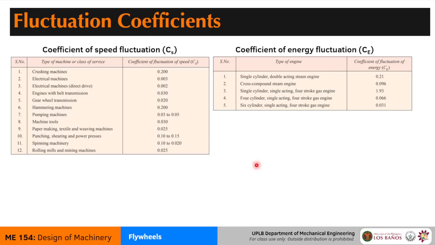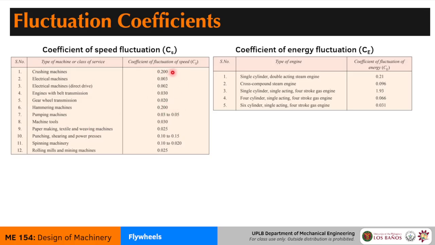So here are some coefficients of speed fluctuation, and this is a coefficient of energy fluctuation. This is different. We will ignore this for the semester, but here we are. We have a coefficient of speed fluctuation. Most of these are below 1, which is good. But take a look here. Which ones have the largest C sub S? The largest ones are for crushing machines, at point 2, and hammering machines, point 2.